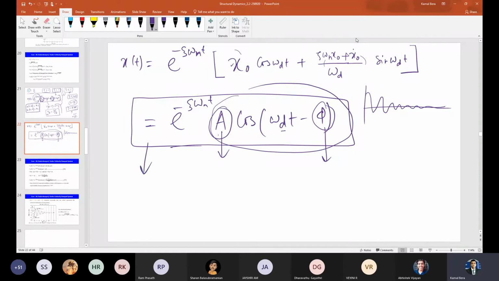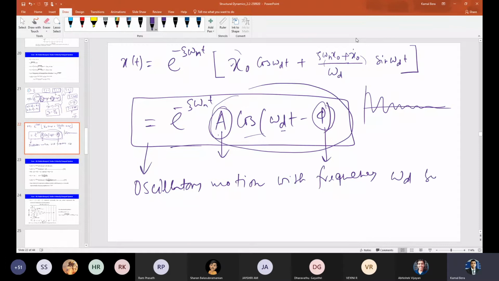So what does this represent? It represents an oscillatory motion due to this cosine term, with frequency not omega n. Now the frequency is omega d instead of omega n.